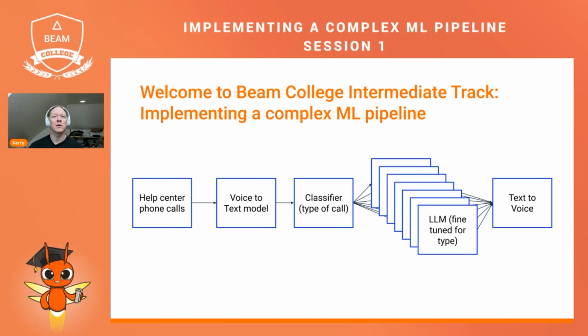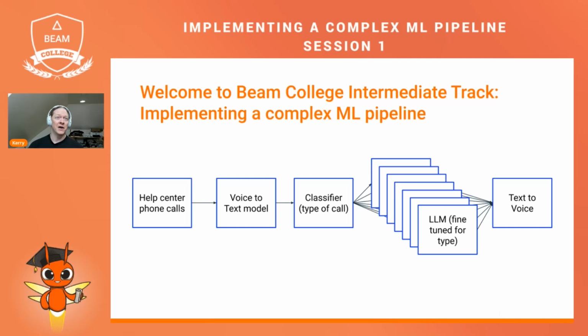The pipeline that we're going to be developing in this session, at a high level, takes audio data as an input. In this case, these are telephone call transcripts from people calling in to a bank helpline. We'll first use a model to transform that audio clip into text. Once we have text, we will use a classifier to say what subjects these people are calling about.